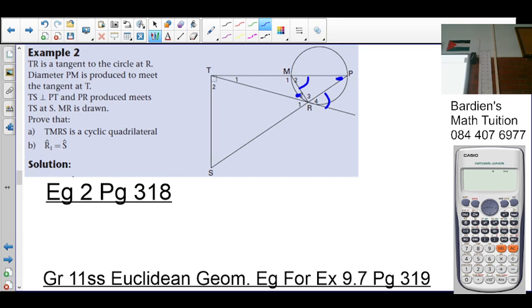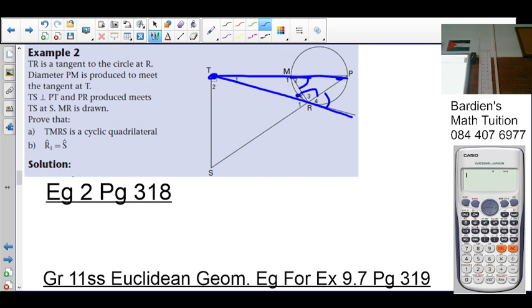If PM is the diameter, what do we know? R3 is 90 degrees. The diameter PR is produced. What does produced mean? Extended. PM is produced, extended to meet the tangent, which is this here, at T, which is that point. Can you see that?